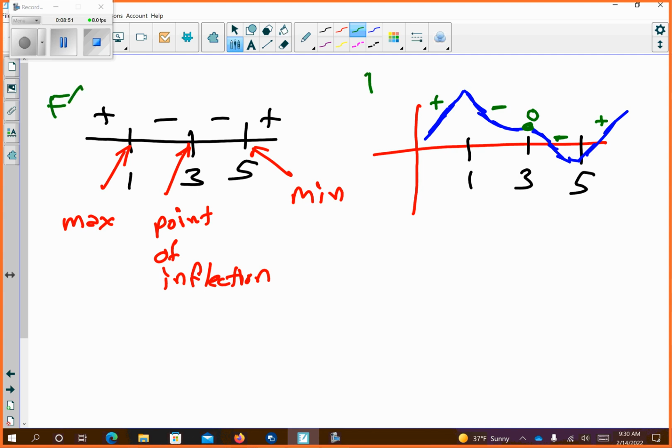What does F of x look like? Okay, so I said what F of x looks like and things that took place. So if you go from a sign change from a positive to a negative, it's a max. If it goes negative to a positive, it's a min. Okay, if the sign doesn't change, it means a point of inflection took place between the two.